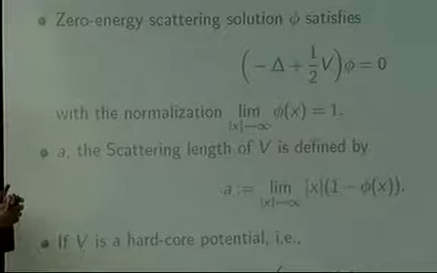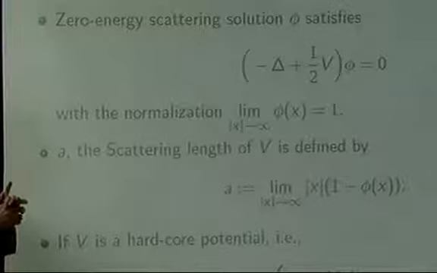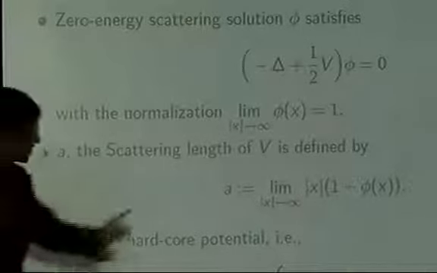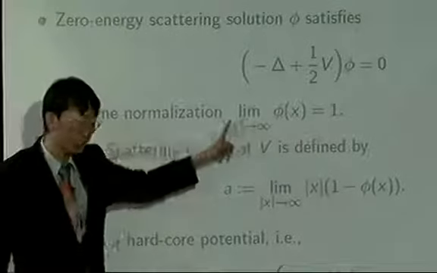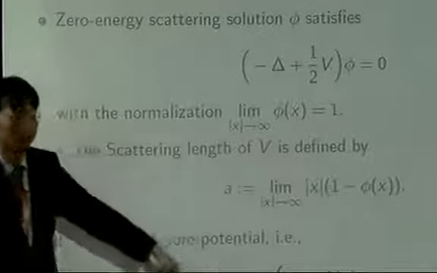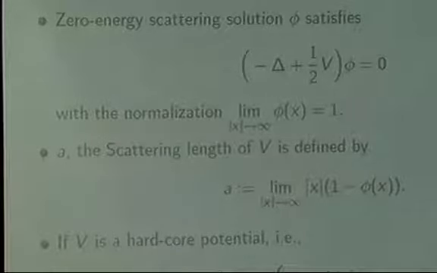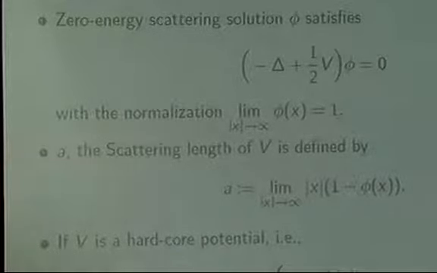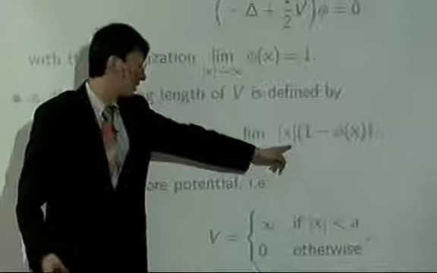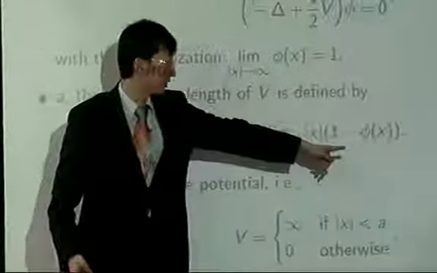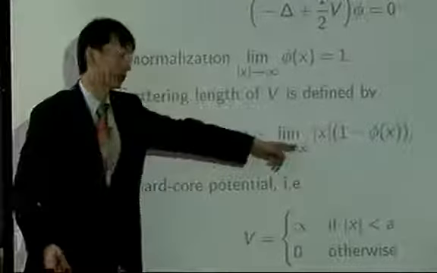And the normalization is quite weird, but we have the normalization that phi is 1 as x approaches infinity. And then the scattering length of this V is defined by this limit of x times 1 minus phi of x as x approaches infinity.